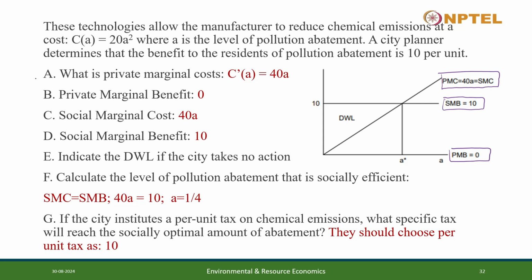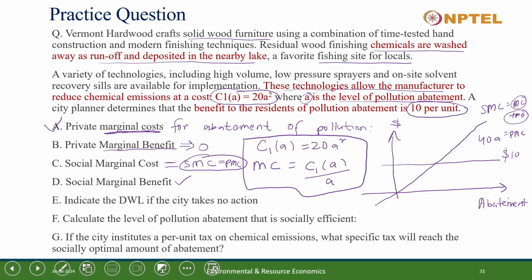Okay, now ma'am, please repeat, which part? SMC equal to SMB. Yes, because the cost of pollution abatement, right? So the pollution abatement function is given as 20A squared, right? So either society incurs the cost or the firm incurs the cost.